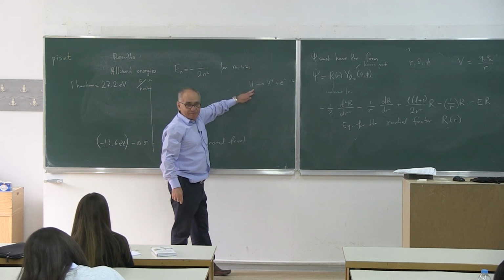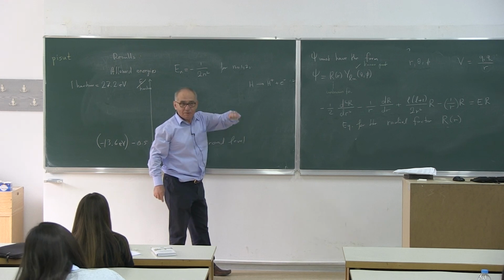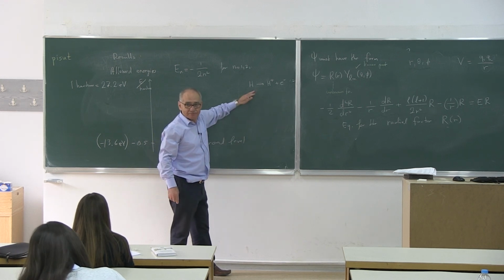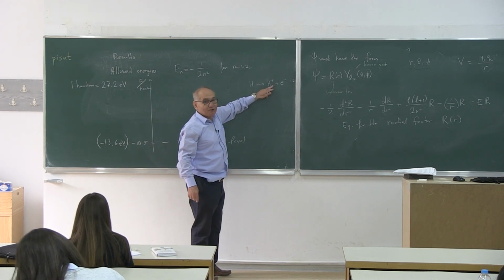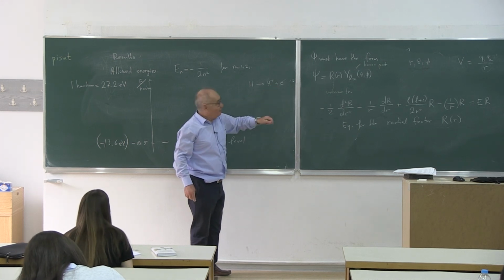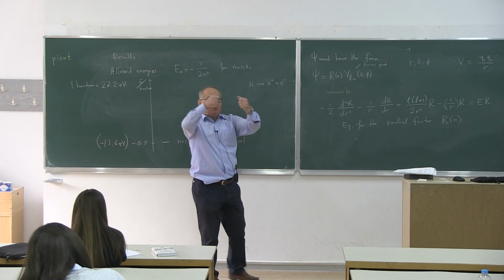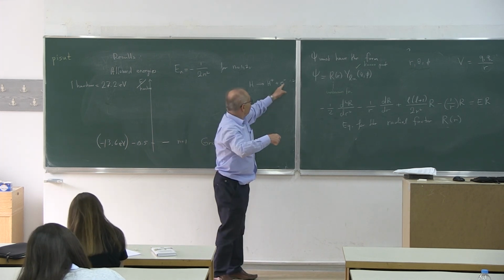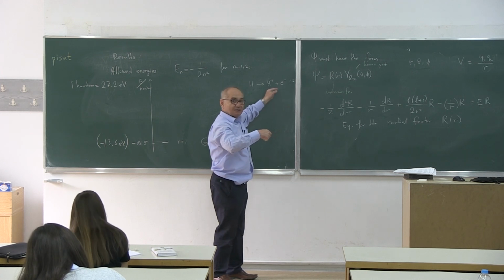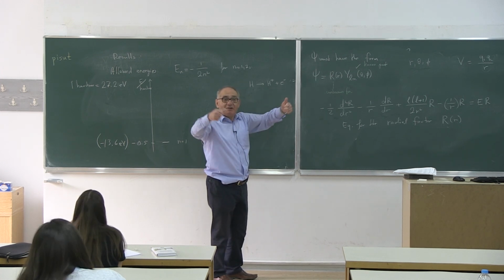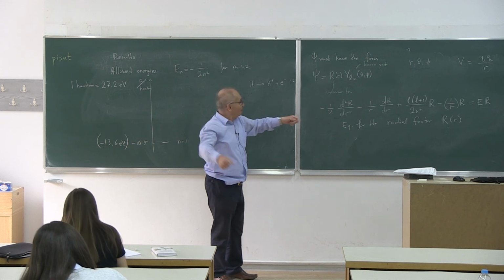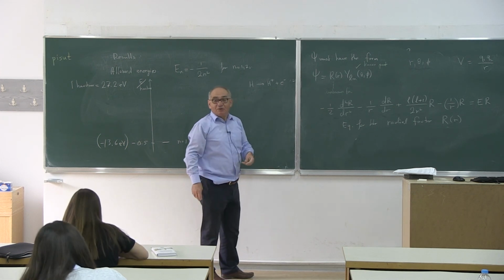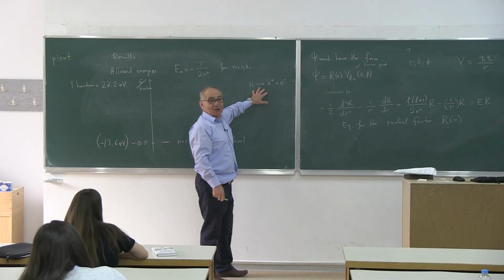hydrogen atom in its ground, lowest energy level. On the right side, what do you see? H plus electron. The plus sign means the distance between the two species, electron and the other, H plus, the proton, is infinitely far away. Well, this describes ionization, isn't it?